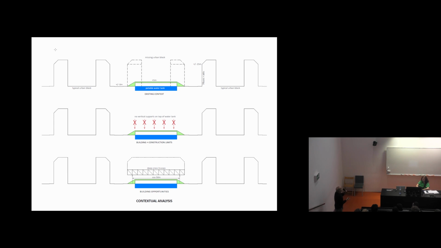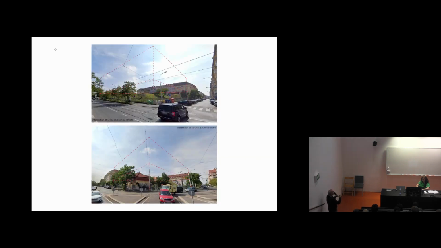And the last image shows the possibilities or opportunities that this project can offer, which is an atypical structural solution. This is the street view, and now you can see the name of the project is Flybox.